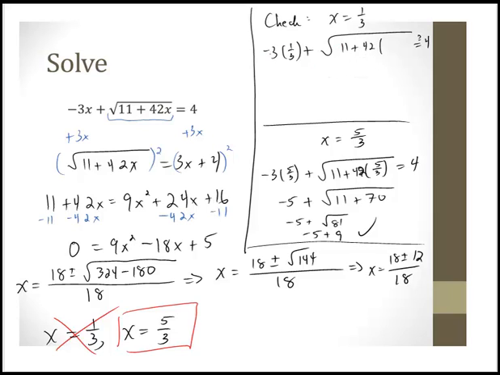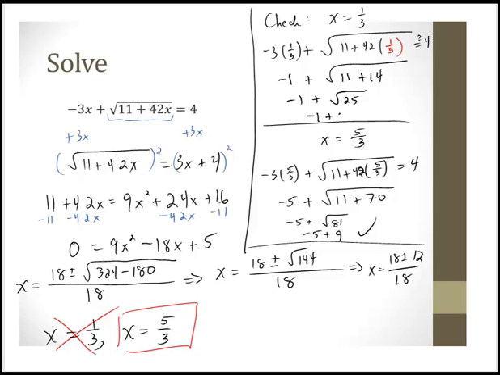So we had negative 3 times 1/3 plus the square root of 11 plus 42 times 1/3. That's the correct substitution. And so that would give me negative 1 plus the square root of 11 plus 4. So that's negative 1 plus the square root of 11 plus 14. 11 plus 14 is 25.